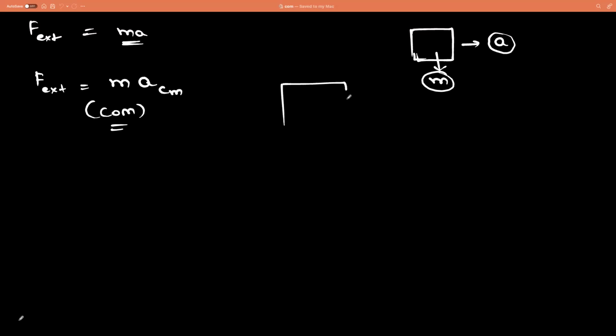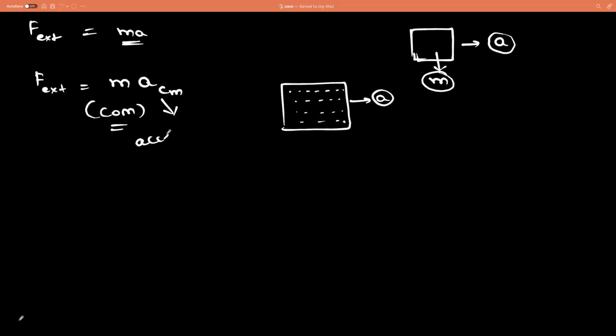Because this block is made up of many particles. So when I say acceleration of this block, I'm trying to define the acceleration of which particle? When you convert the whole mass into a point mass, the acceleration you're trying to define is also the acceleration of that particular point, which we call the acceleration of center of mass.